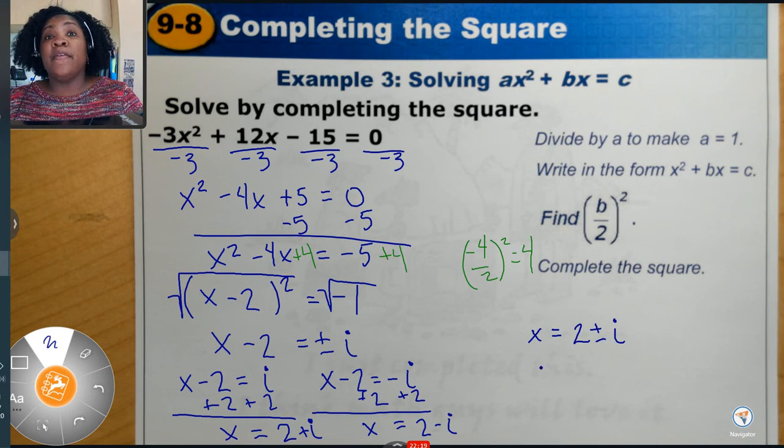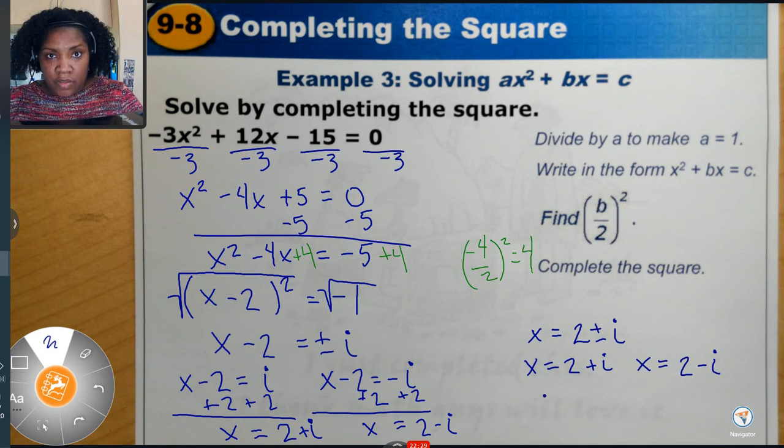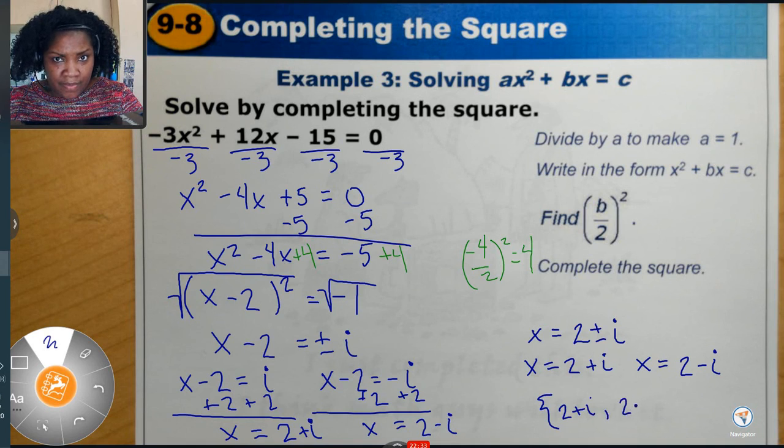You can write them together or you can write them separately. And there you have it. You can also write them as a solution set. And I think in your Delta Math, you've come across that solution set as well.